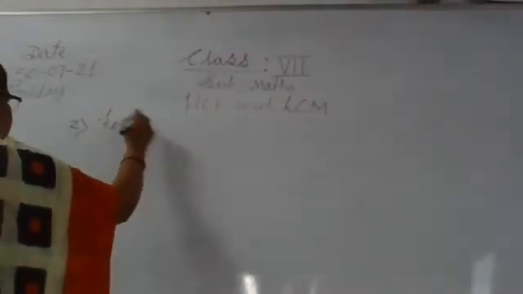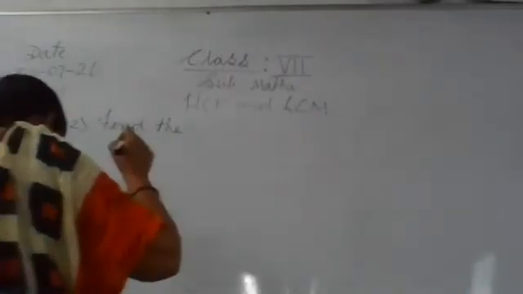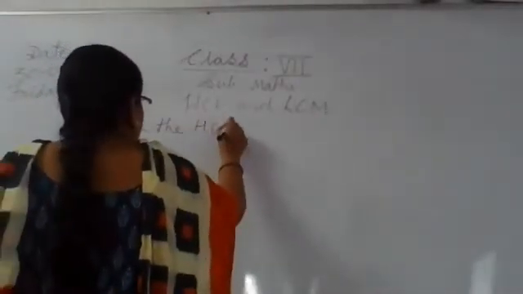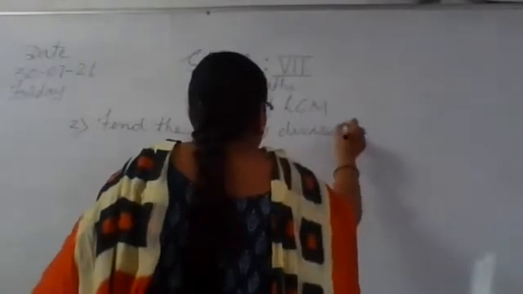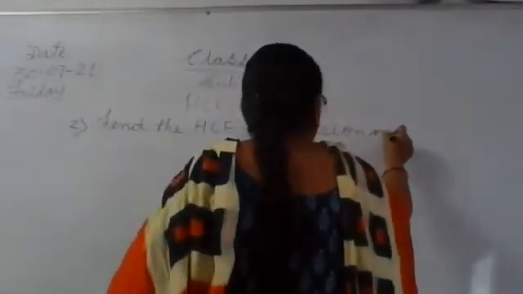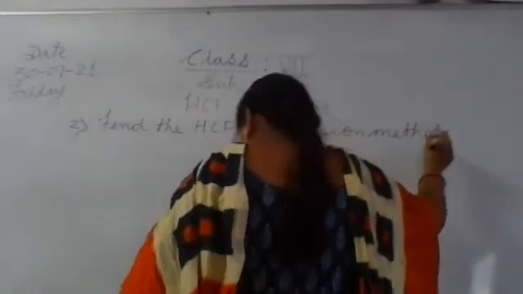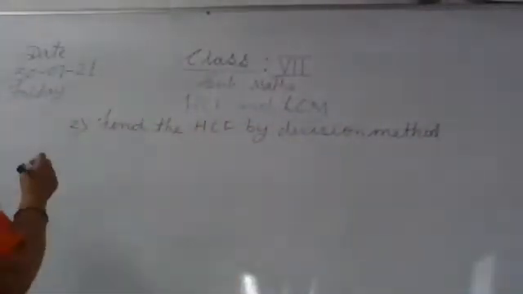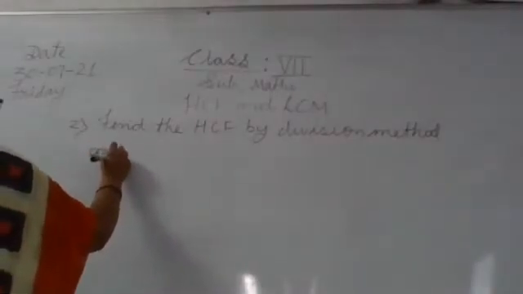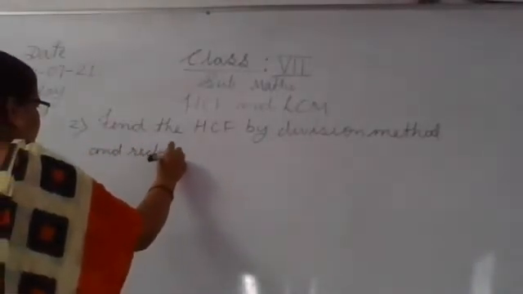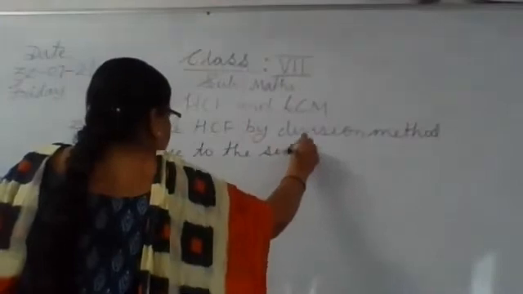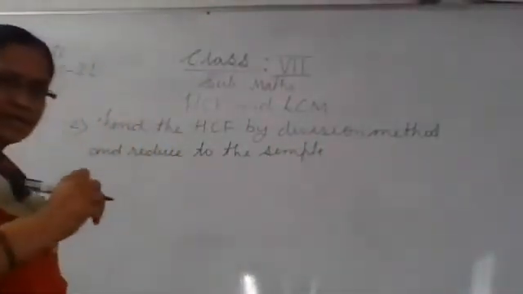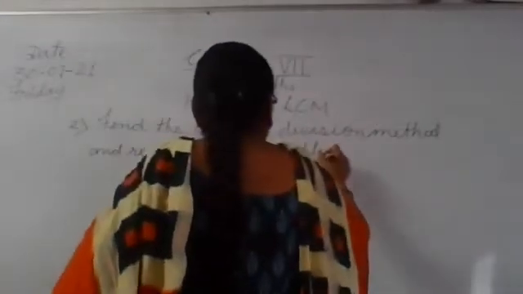Reducing to the simplest form means first you have to find the HCF and then reduce the fraction by their HCF.